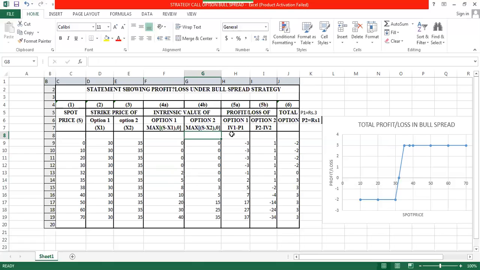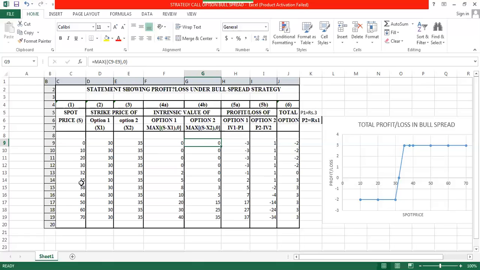As it is also an option, our intrinsic value calculation formula will remain the same, only the strike price will change from X1 to X2. Instead of applying the strike price of column D, now apply the strike price of column E. So the formula is max of C9 minus E9, or 0.